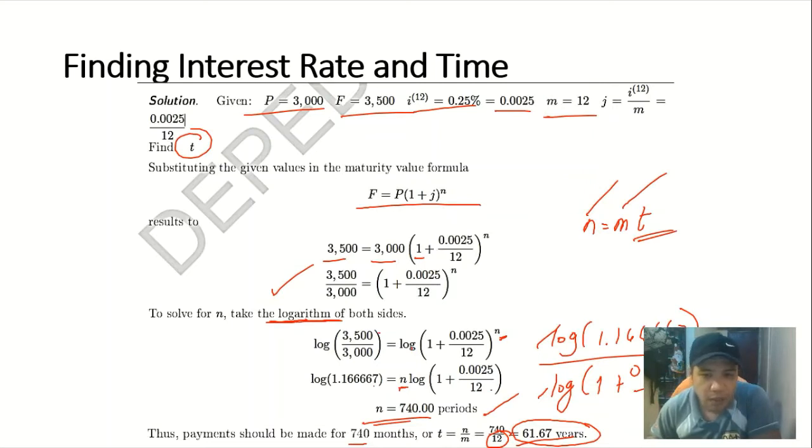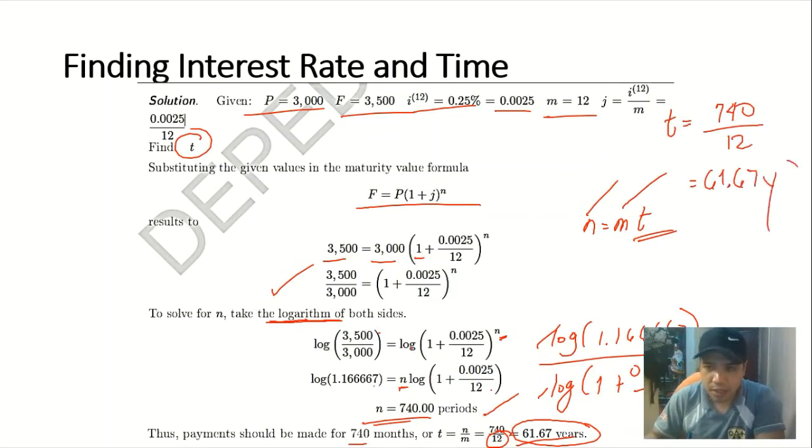This does not change. Once you get it, using your calculator, n is equal to 740 periods. So t is equal to 740 periods divided by 12, which gives us 61.67 years. That is the missing time.